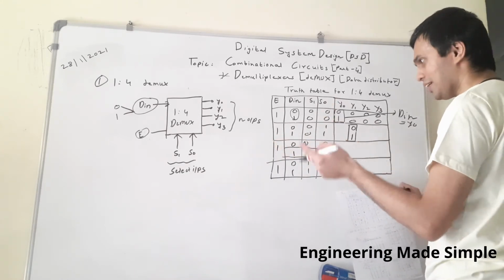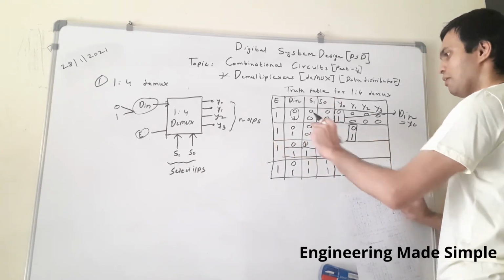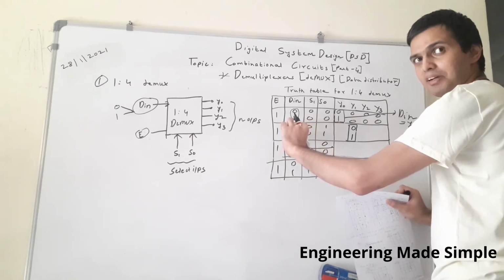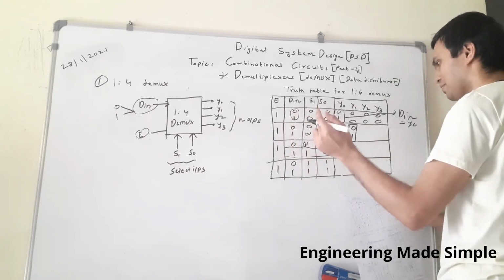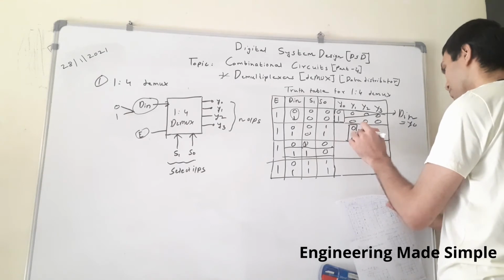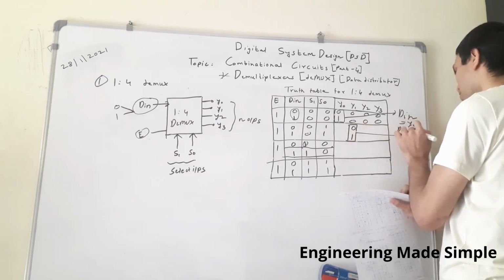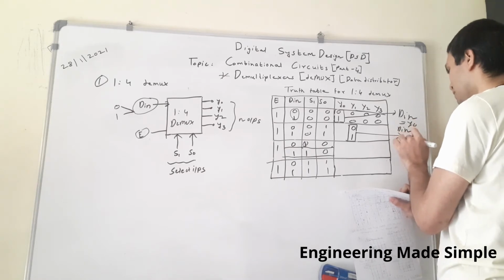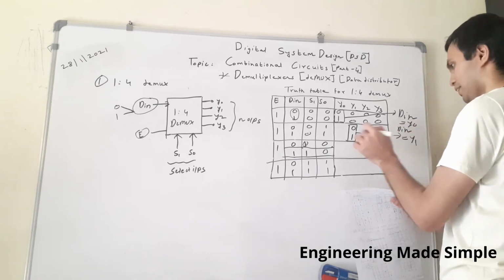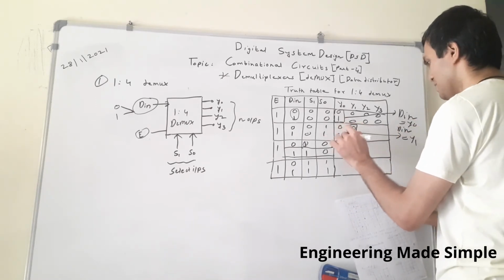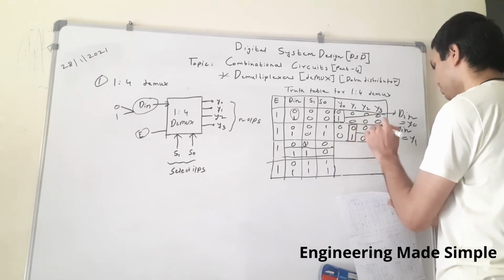At only one time only one input is applicable, but while discussing the truth table we have to consider all the cases, that's why it is written over here. So in this case DIN, which consists of values either 0 or 1, is connected to Y1 for this particular case, hence all the other outputs will be 0.